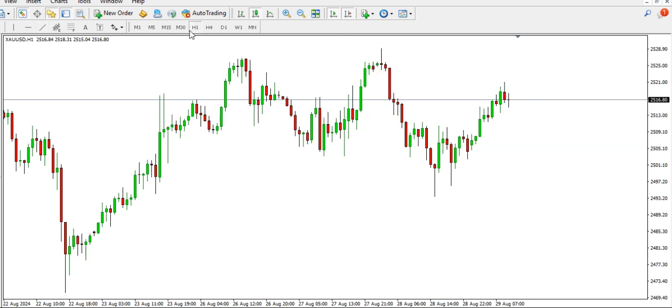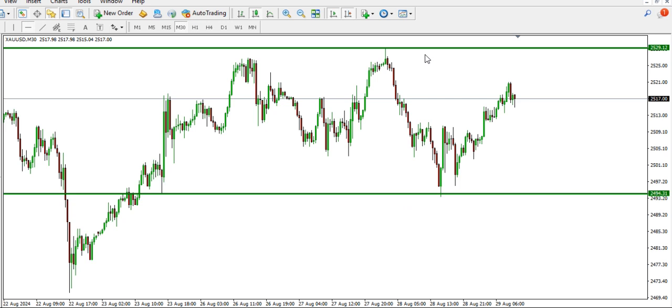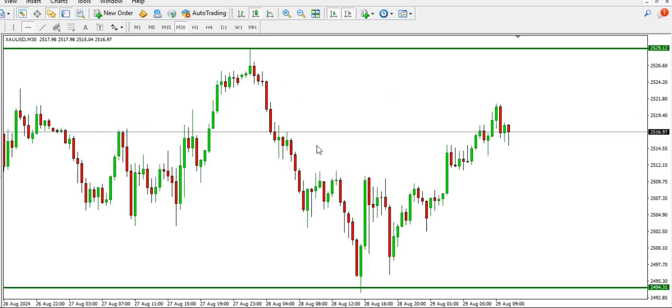On the 30 minutes time frame, price of gold is currently ranging. Our range low is at 2494. Our range high is at 2529. So price is ranging. There's a balance between the buyers and sellers as far as the 30 minutes time frame is concerned.